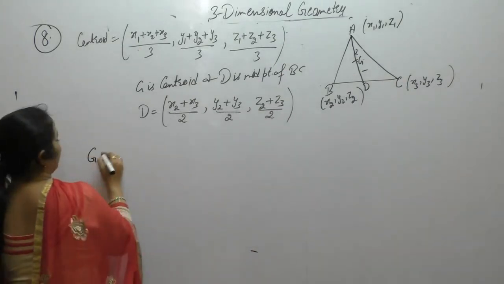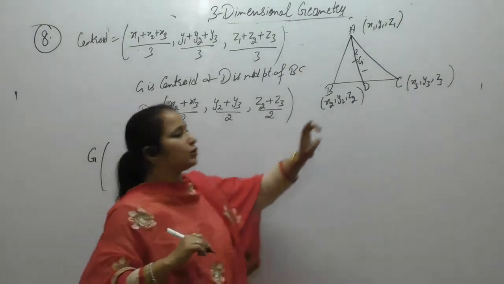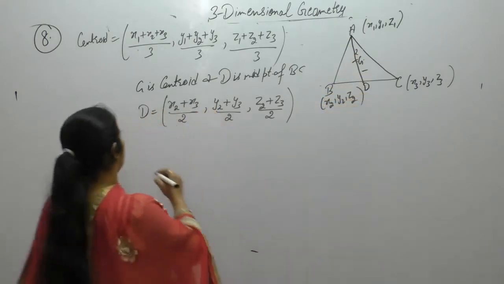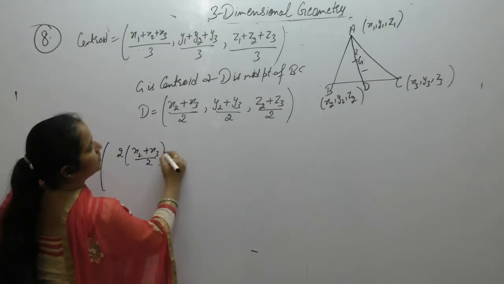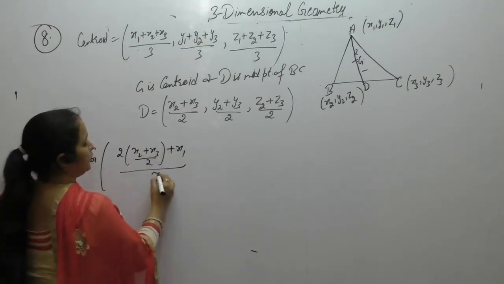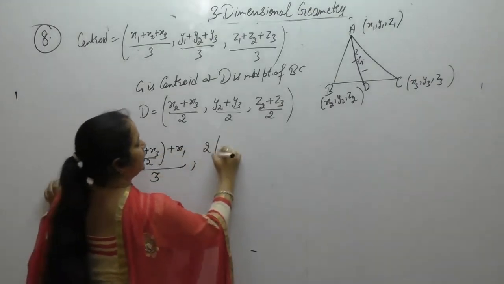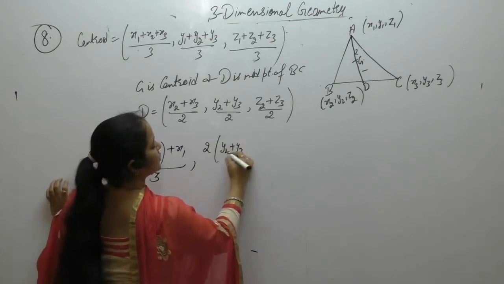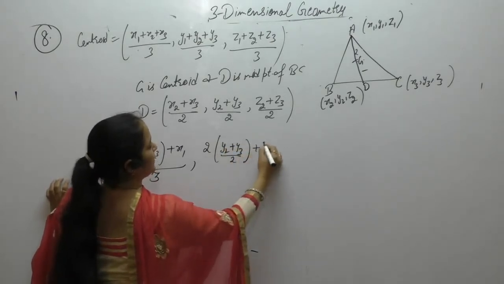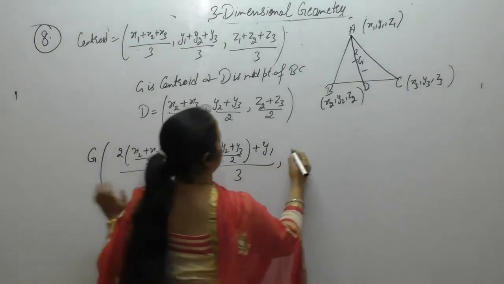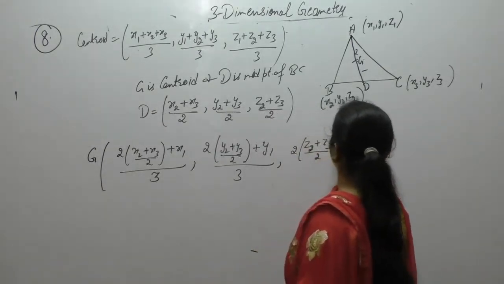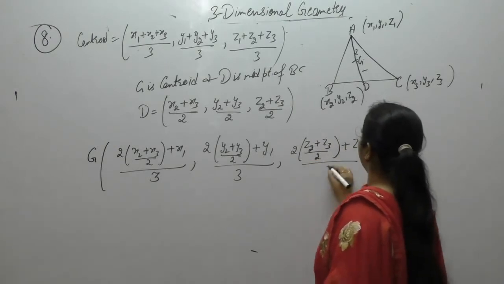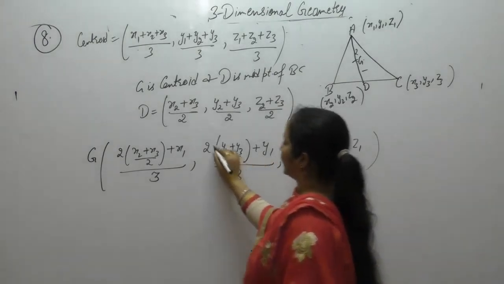अगर 2:1 में divide कर रहा है, तो what will be the coordinates? 2 into x2 plus x3 by 2 plus x1, 2 plus 1, 3. 2 into y2 plus y3 by 2 plus y1 upon 3. 2 into z2 plus z3 by 2 plus z1 upon 3. 2 will get cancelled here.